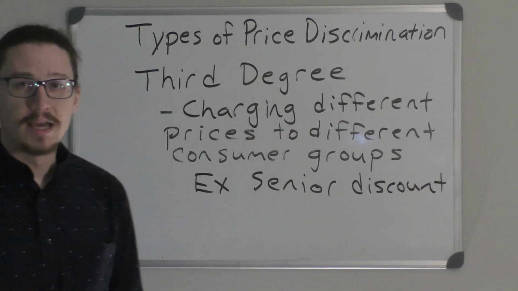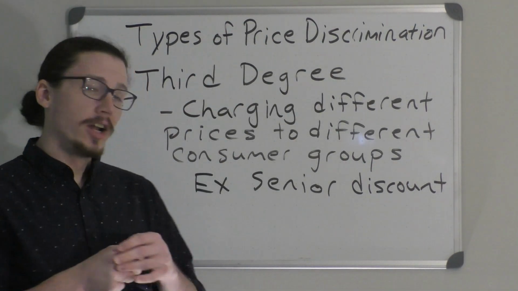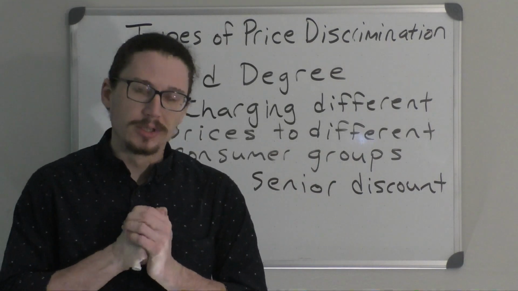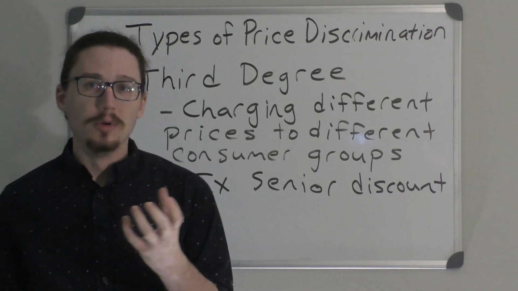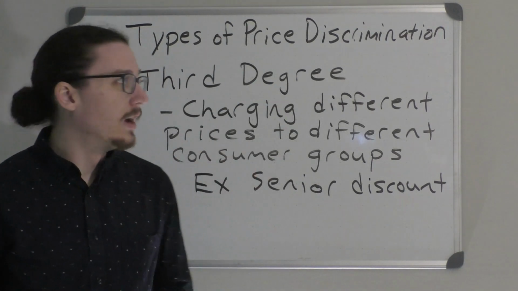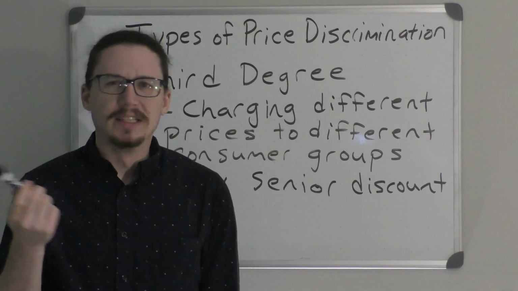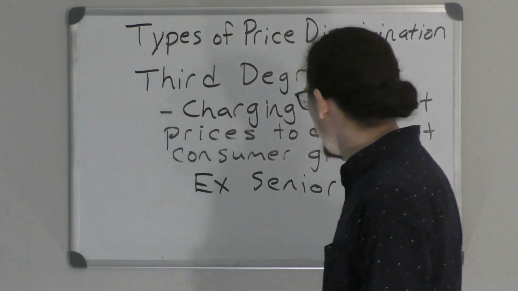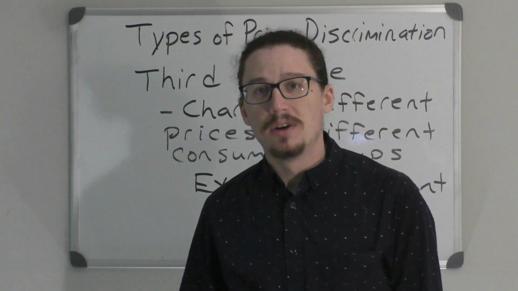One big example, and we're going to have a couple of these just because they are very common, is senior discounts. In a lot of places, restaurants, movie theaters, all kinds of establishments, if you're over the age of, I guess, 55, that's when you get your AARP card or whatever, you can get a senior discount.